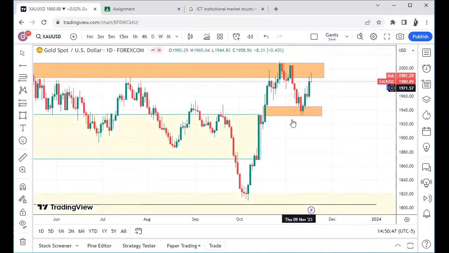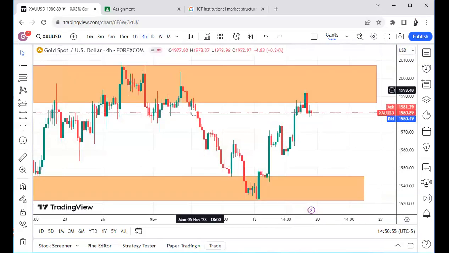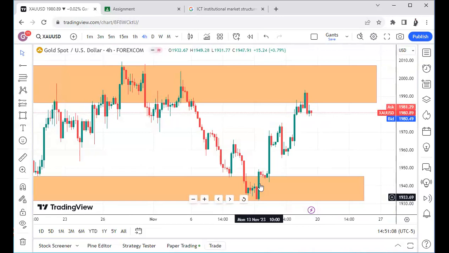It happened perfectly, perfect delivery. On the 4 hour time frame, you can see how we did it. From here, 2 weeks ago, I told us that this is going to be bearish to trade to this level, and it did. After that, I told us that we want to see price go higher, and you can see how gold went higher.